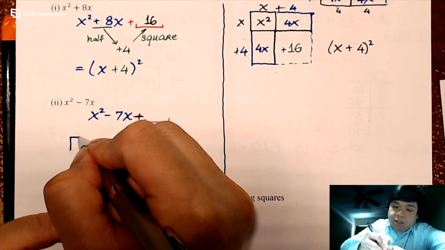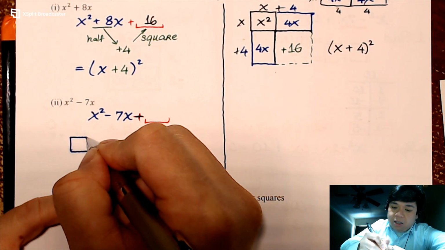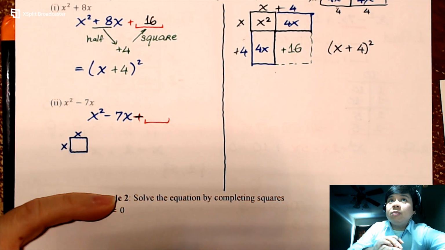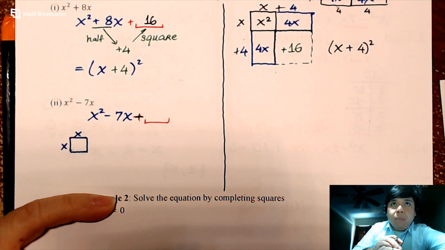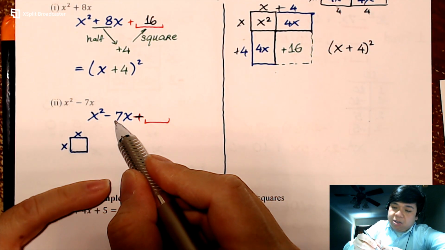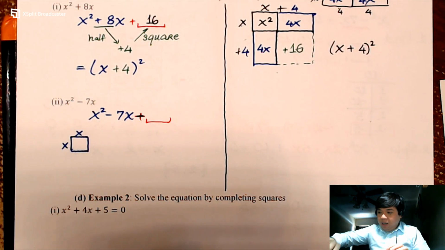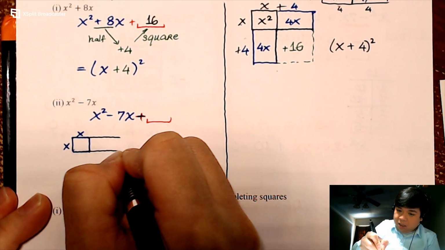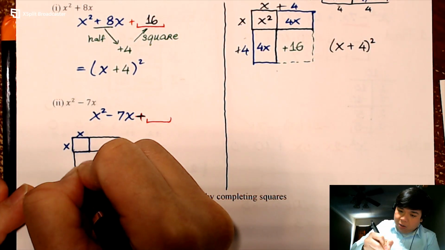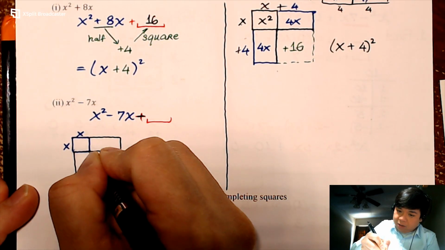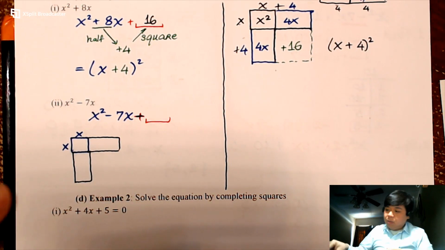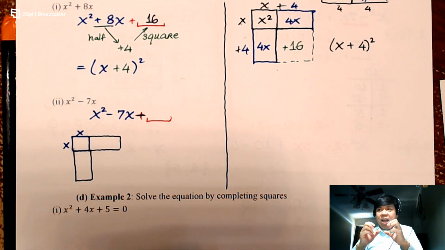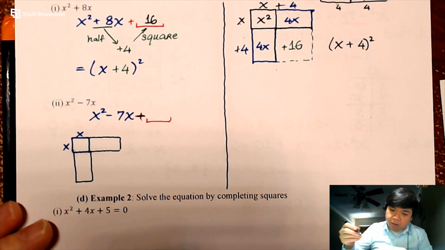So if x by x, okay, that is x squared, and the negative 7x, cut that in half, and we stack one rectangle this side, and one rectangle that side. And then of course, because of the negative 7x, we break in half. Each of them will be negative 3.5.